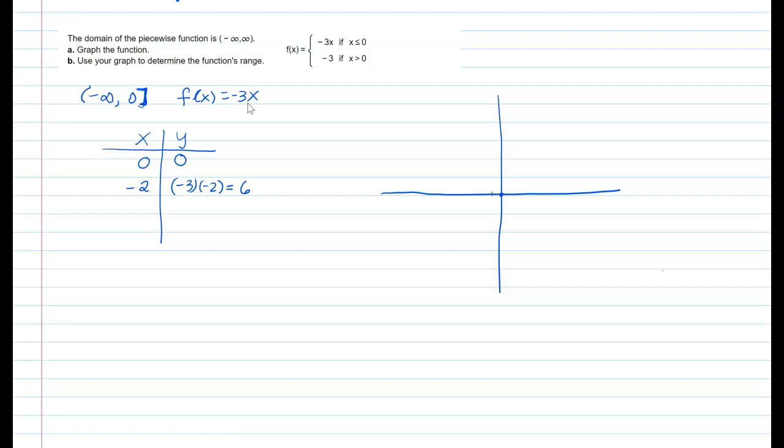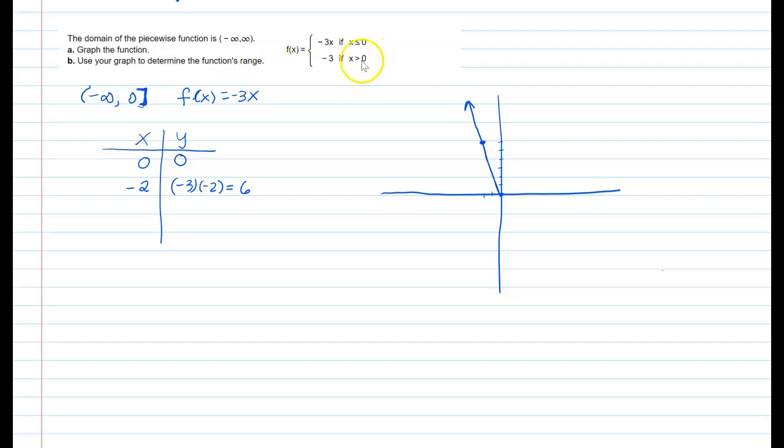So suppose this is 1, 2, and then 1, 2, 3, 4, 5, 6. So it is this point here. Then connect those two. Just put an arrow. So it goes there. Okay, so that is the graph on the interval from -infinity to 0.